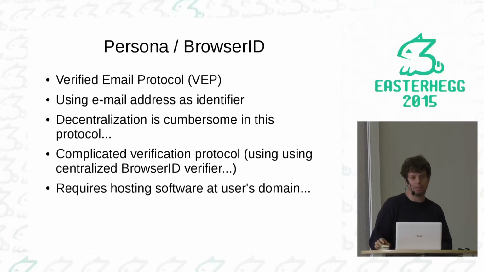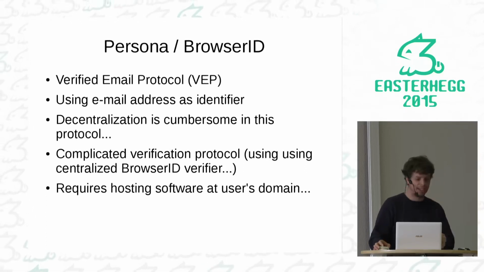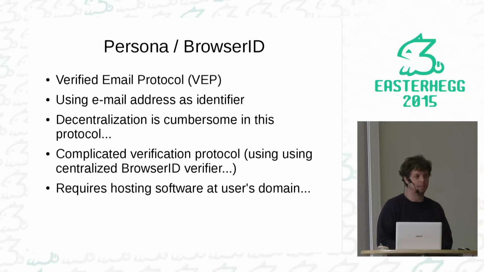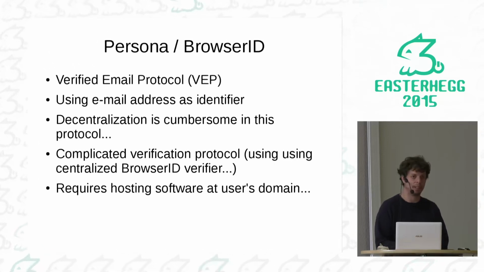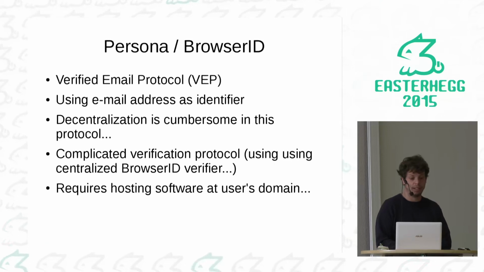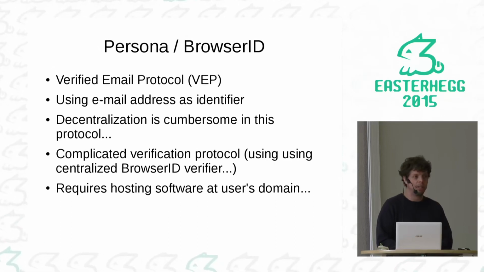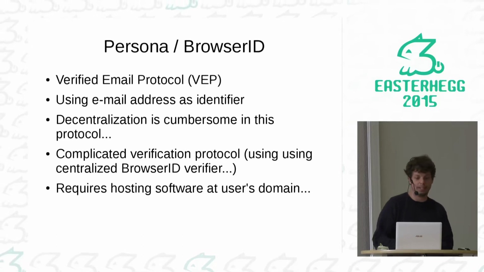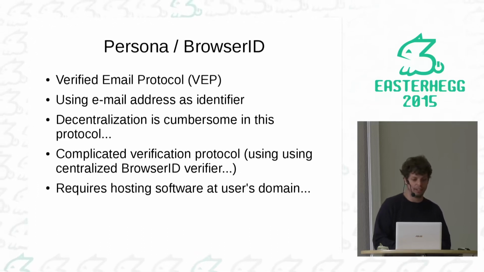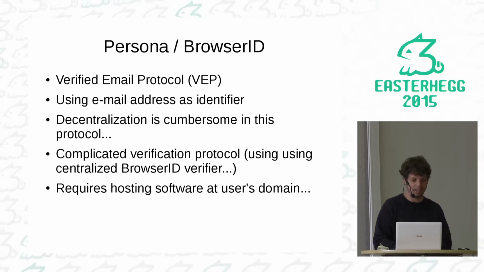Many of the implementations only support Mozilla as the identity provider. So if you would actually implement it all yourself, then it wouldn't really work on a lot of relying parties. They would just go to Mozilla and ask Mozilla to verify your identity, which is not really decentralized in any way.